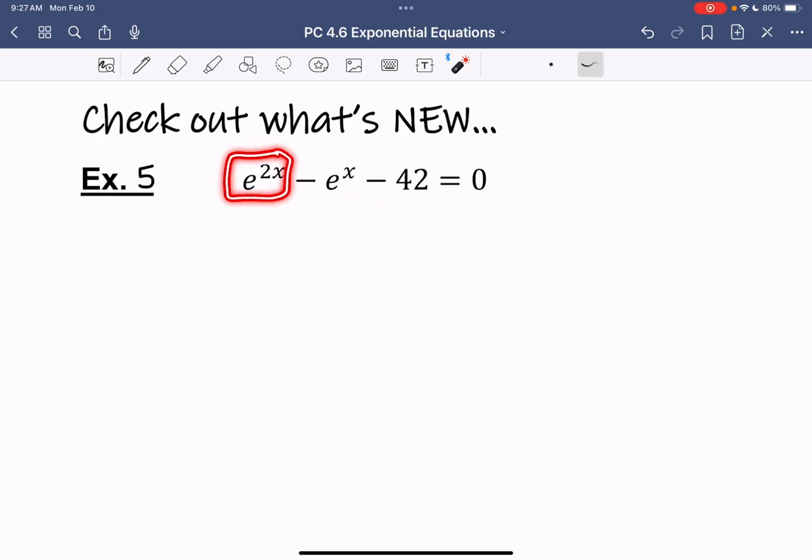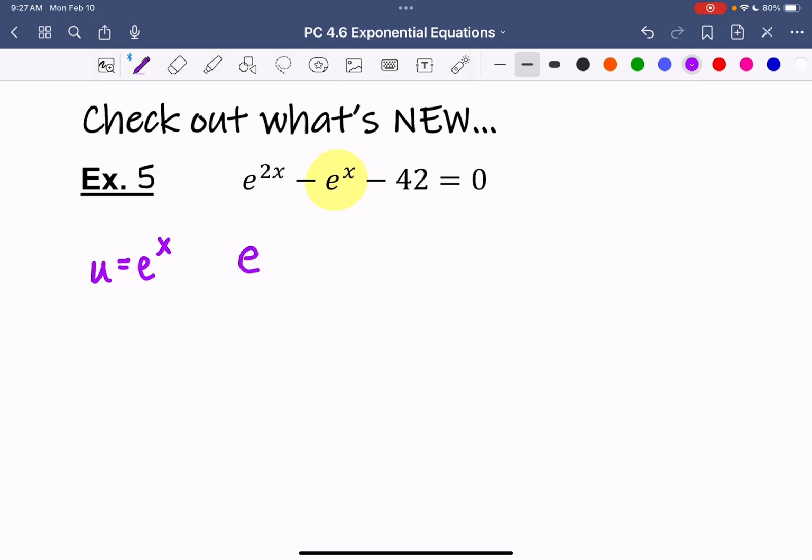Hopefully, we can see we can do a u sub with this. It's a fancy u sub, okay? I can let u equal e to the x. So this is a newer u sub. You can see if I have e to the x and square it, that's where I'm getting that first term.